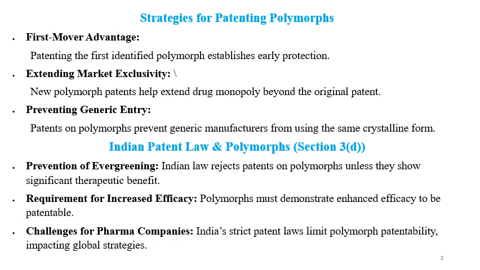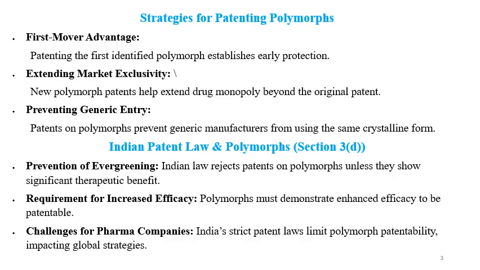Now, strategies for patenting the polymorphs. So, how are these polymorphs patented by the researchers? First mover advantage. Patenting the first identified polymorphs establishes early protection. Then extending the market exclusivity. New polymorph patents help to extend drug monopoly beyond the original patent.